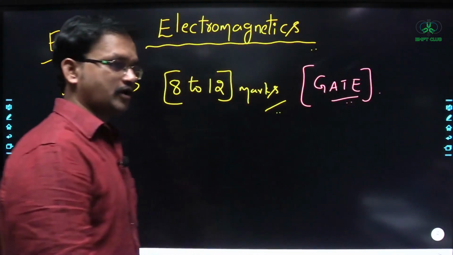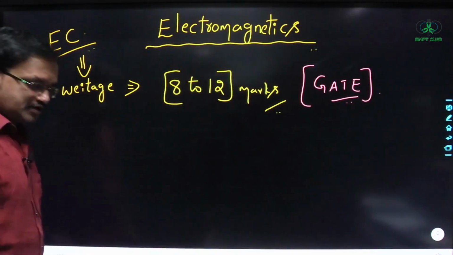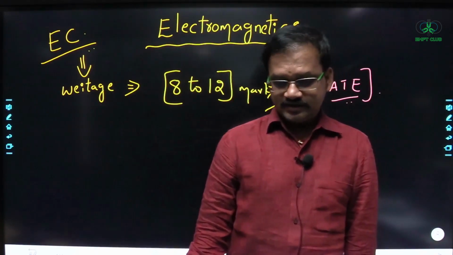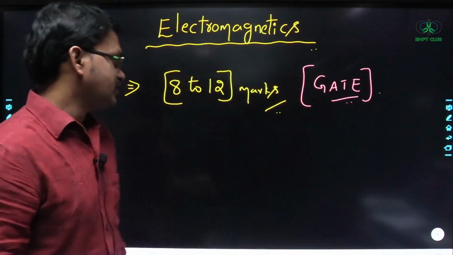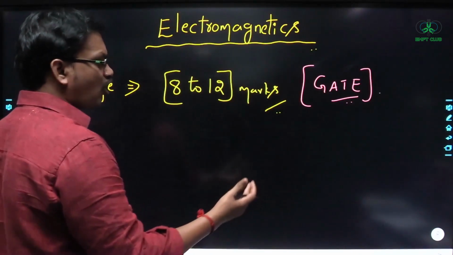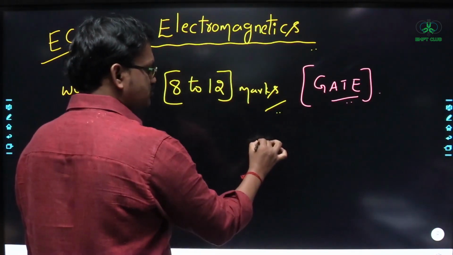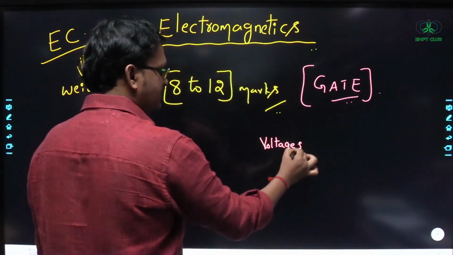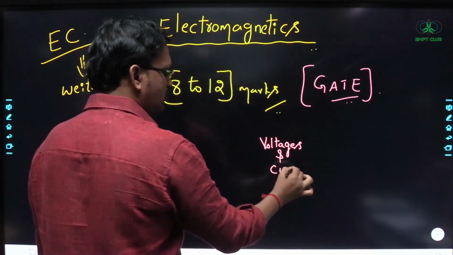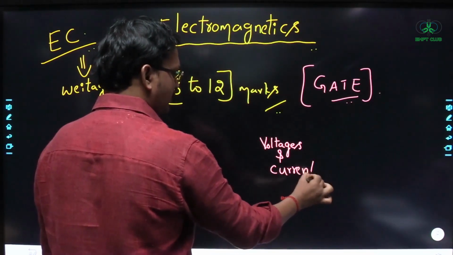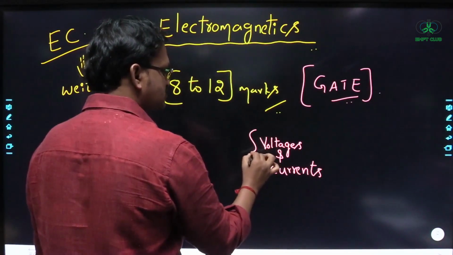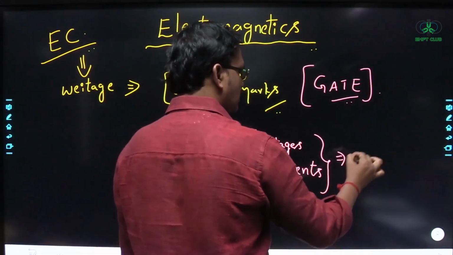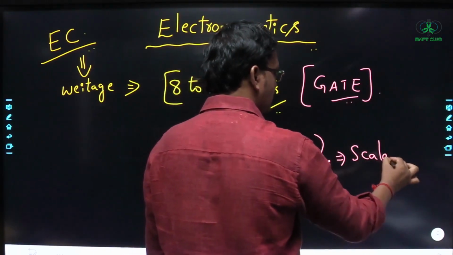Generally the students will feel this subject is very difficult. The reason is that in all the other subjects you are going to deal with voltages and currents, or voltage signals and current signals, and these voltages and currents are nothing but scalar quantities.